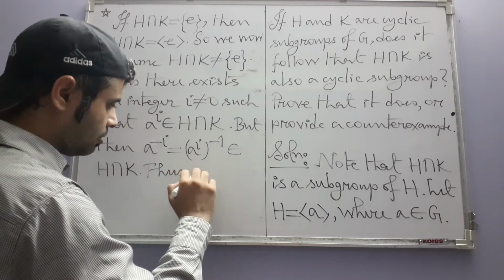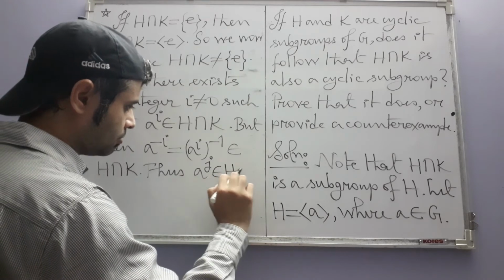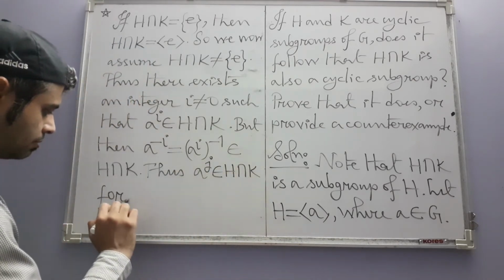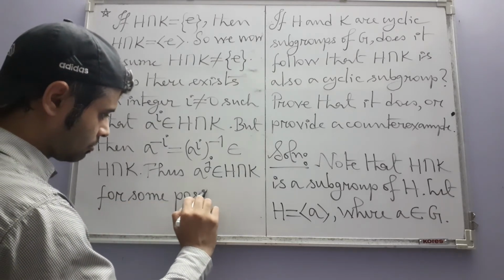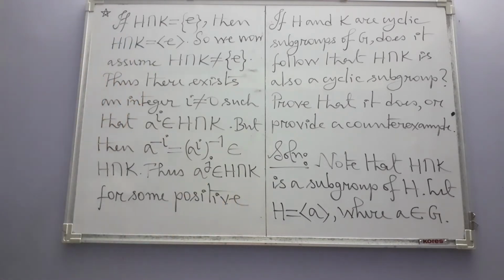Thus, a to the power j belongs to H intersection K for some positive integer j.